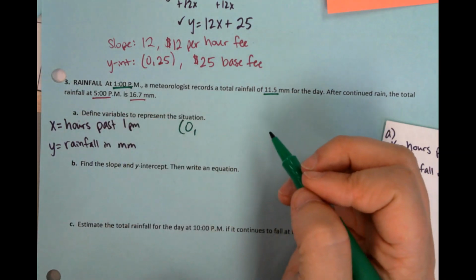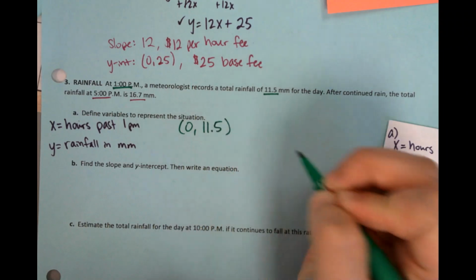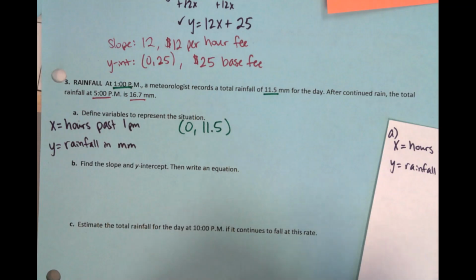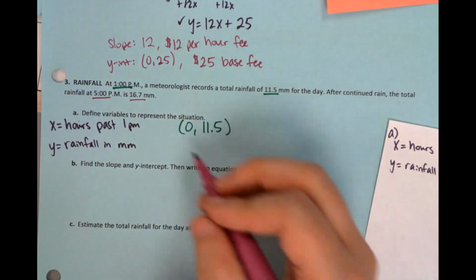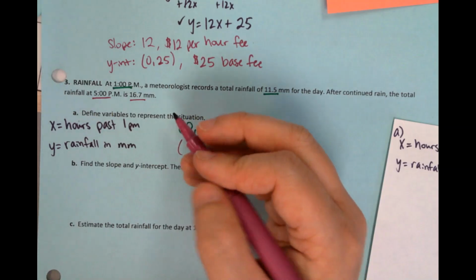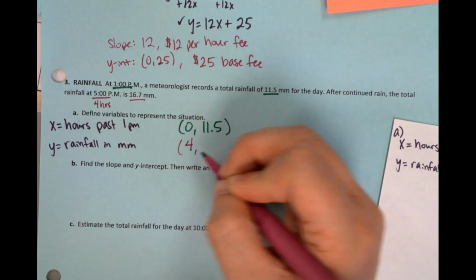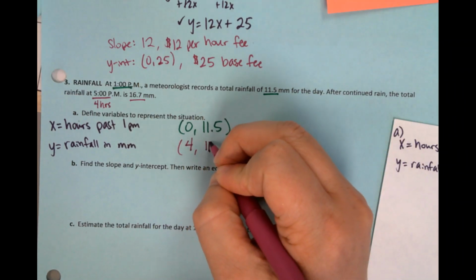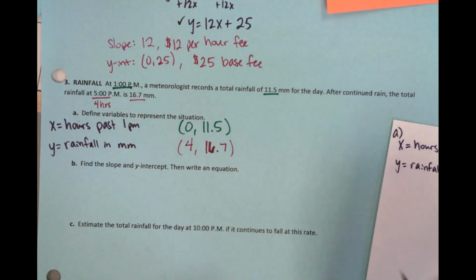At time 0, there was 11.5 millimeters of rainfall. And then 5 p.m. is 4 hours past 1 p.m. So this would be 4, and then 16.7 millimeters.